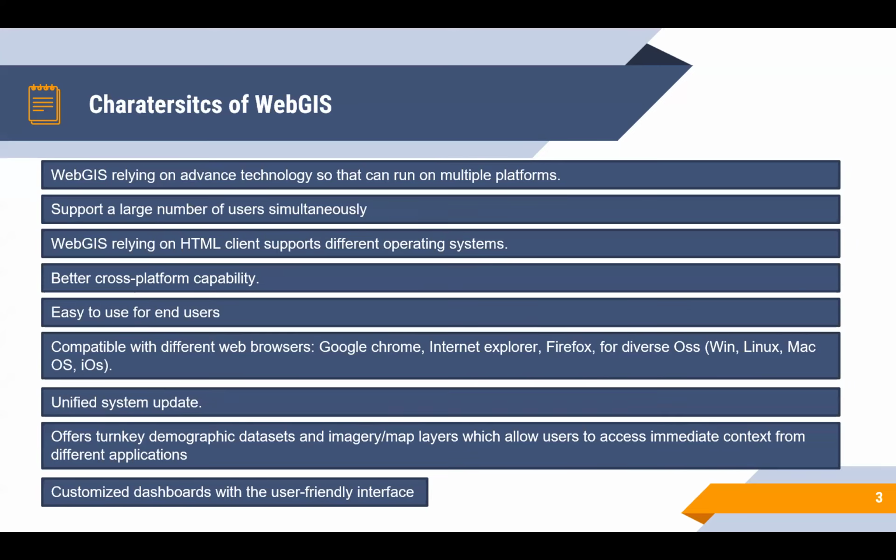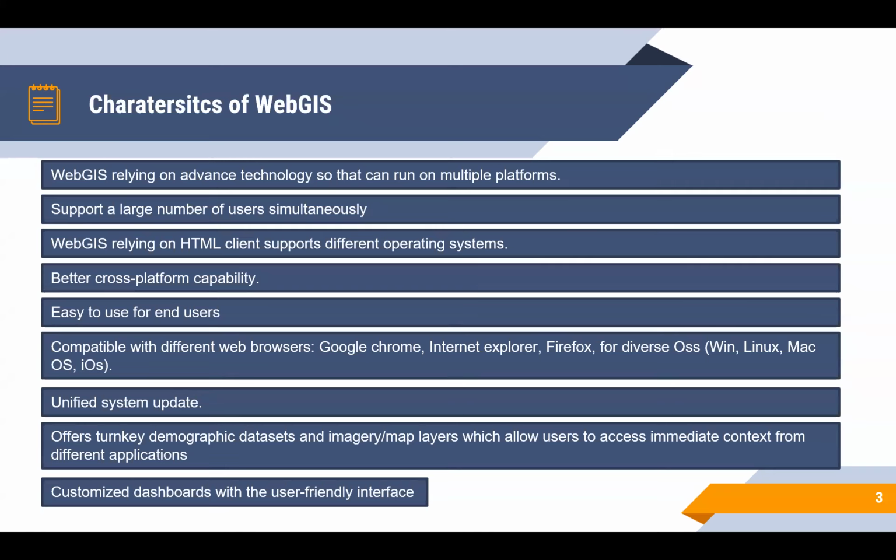The first thing is that WebGIS relies on advanced technology so that it can run on multiple platforms. As you know, previously the old normal web applications or WebGIS applications worked properly on desktop and laptop, but if you tried to run the same application on mobile or tab, the look and feel would change and it would not be properly visible.